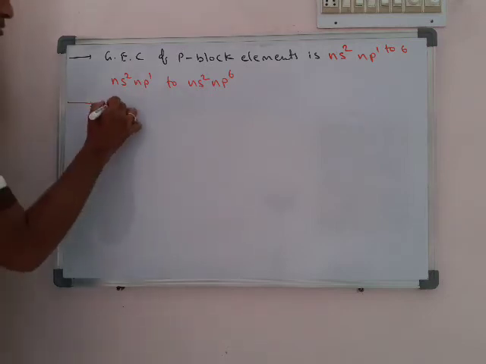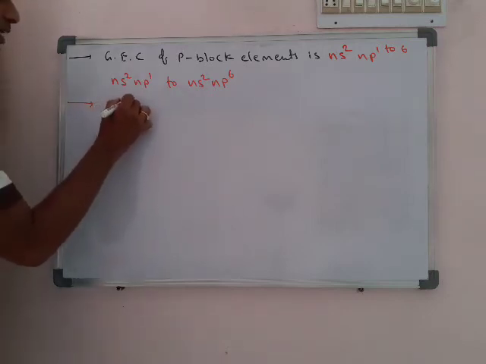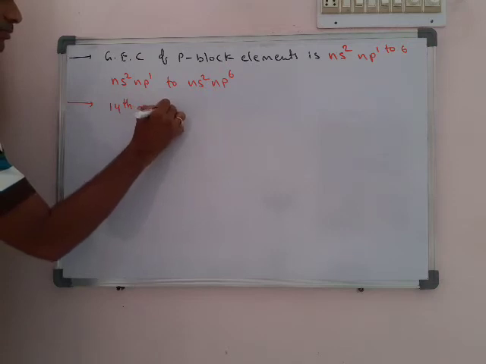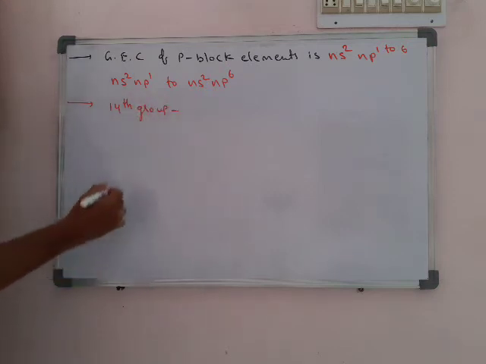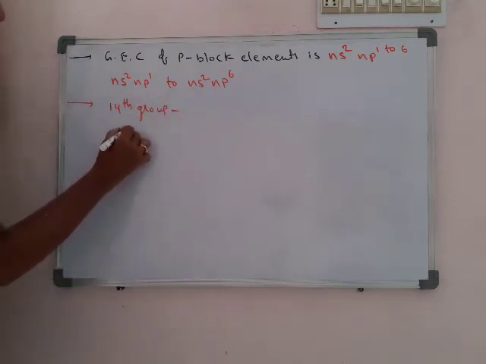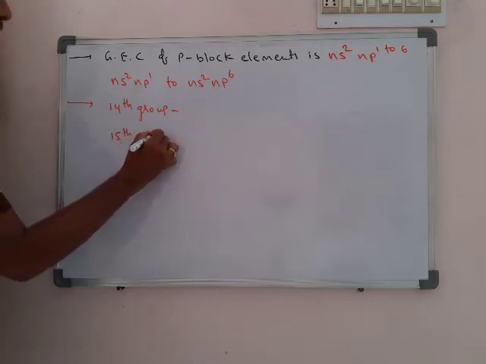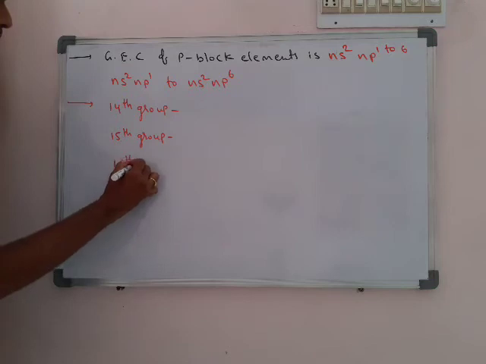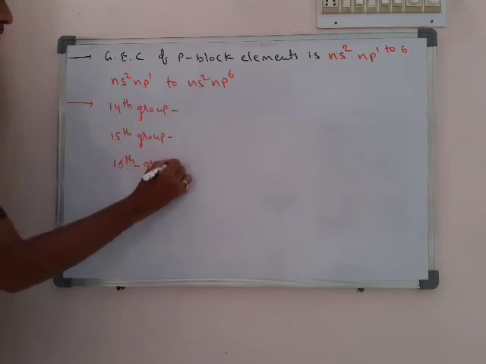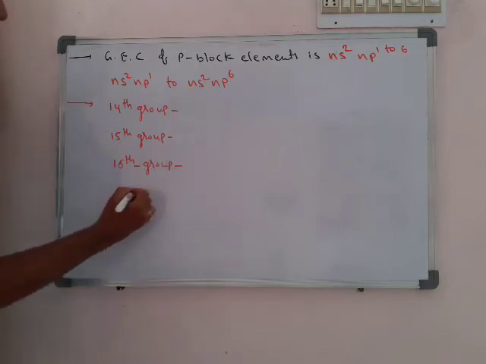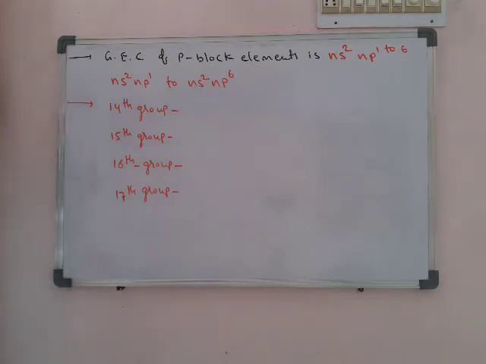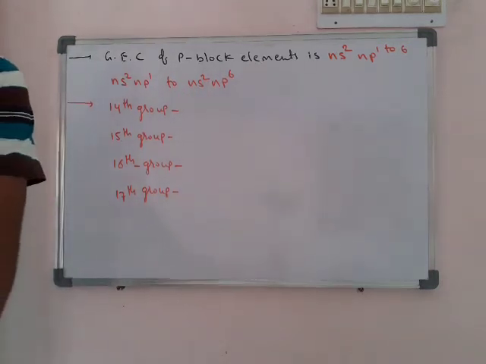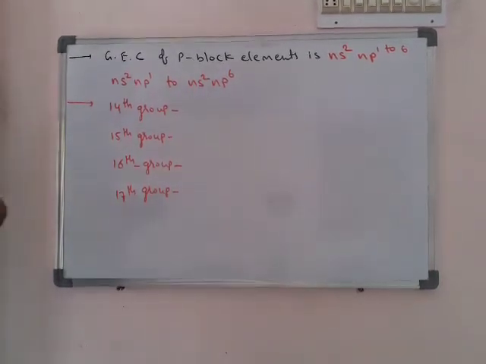So important thing, the 14th group elements, there are some specific other names also for this 14th group, the 15th group. So for 14th group elements, a separate name is given, that is called crystallogens.